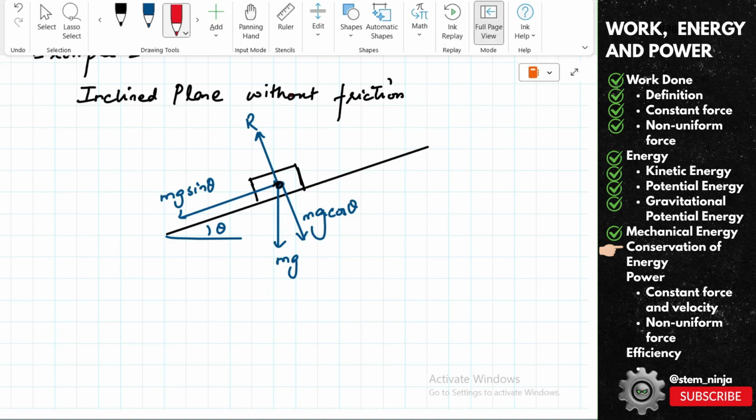And obviously, let's say there's a force trying to move it upwards. No friction yet. So you can do this with Newton's second law also, but let's try the energy method first and foremost.